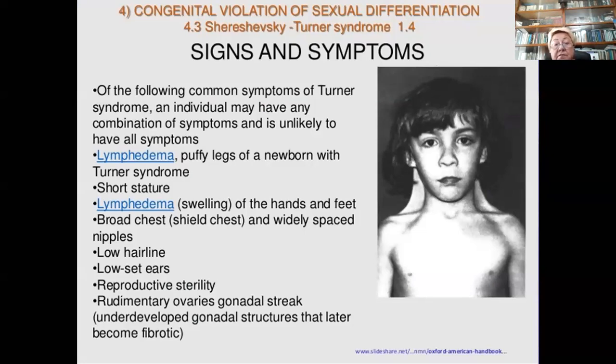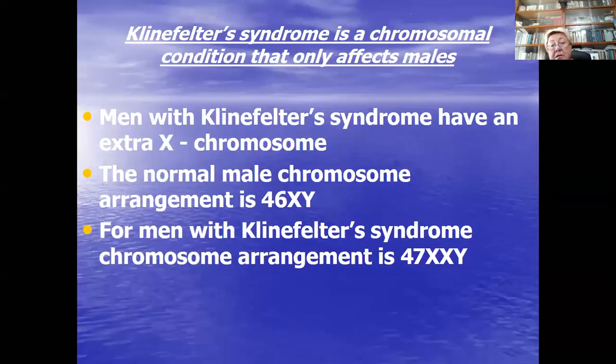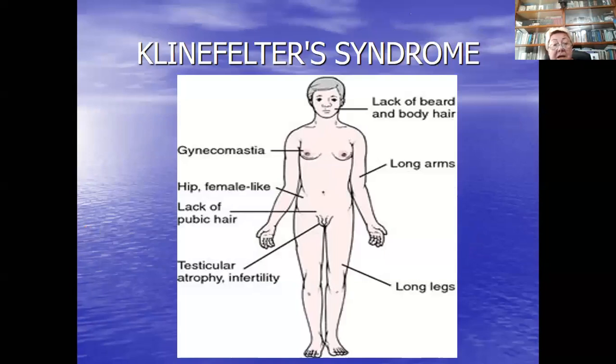And Klinefelter syndrome is a chromosomal condition that only affects males. For men with Klinefelter syndrome, the chromosome arrangement is 47 XXY. And on this picture, you can see the boy or man with Klinefelter syndrome, and you can see gynecomastia, lack of hair on the body, testicular atrophy, infertility, and long extremities.